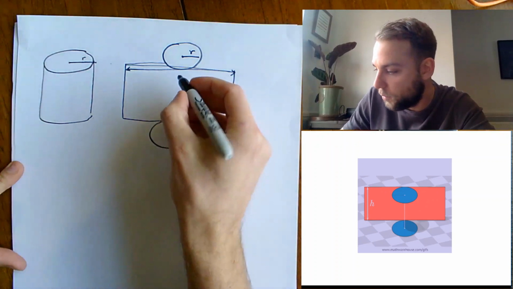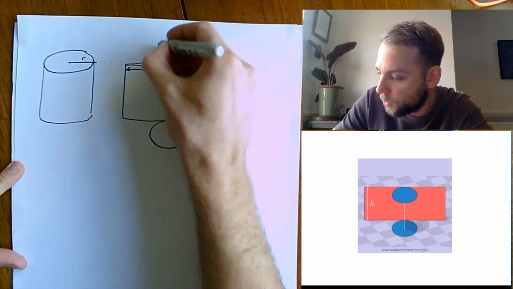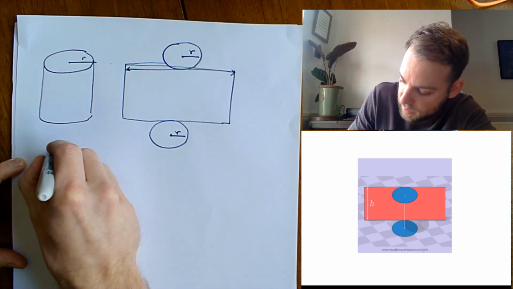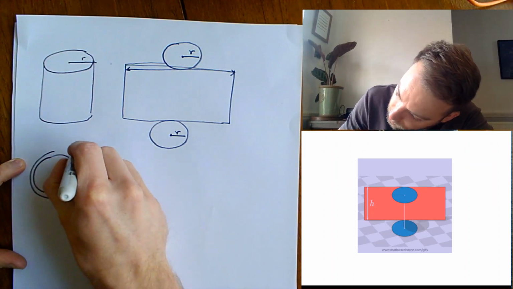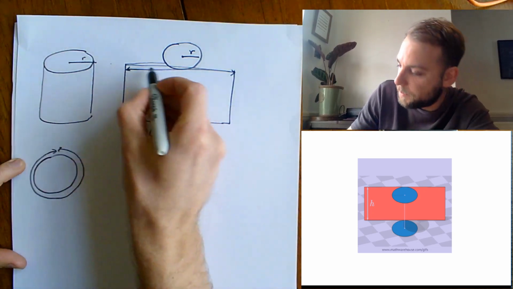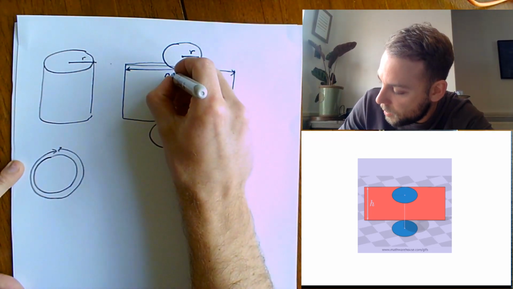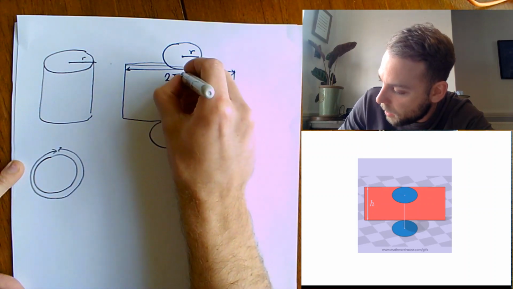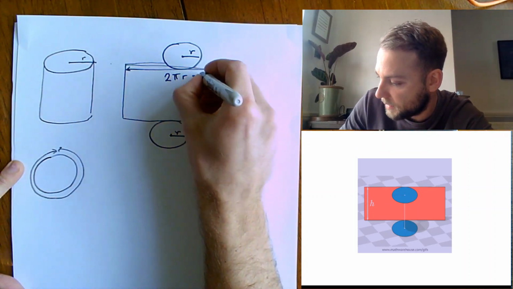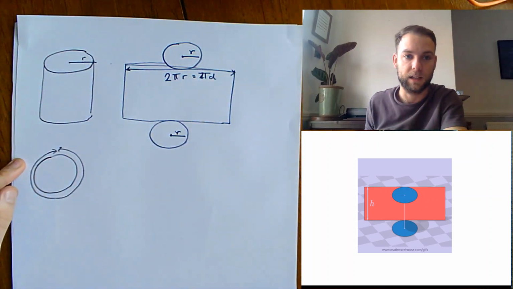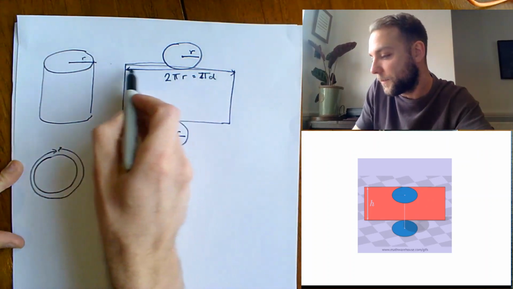So when we're doing this, we know the circumference of a circle. We've looked at that before. This is the circumference of a circle, which is the same as this band here, and this is equal to 2 pi r, or 2 pi d in that case. This length here is the same as 2 pi r.